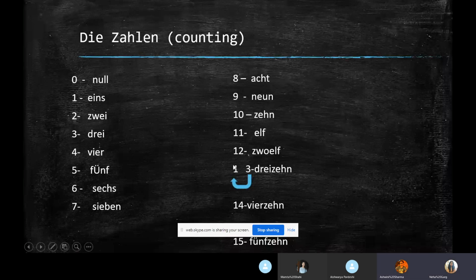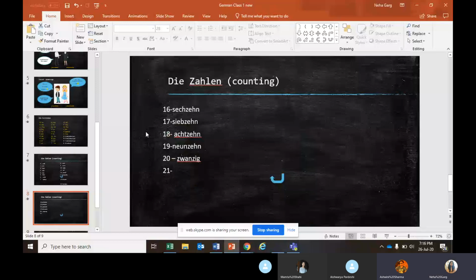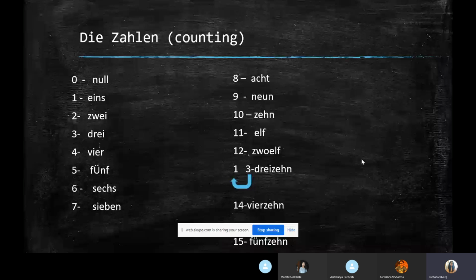So 13 would be drei and zehn, right? So 3 is drei, and how about 1? One is in the tens place with value 10, and 3, so 10 plus 3 is equal to 13.